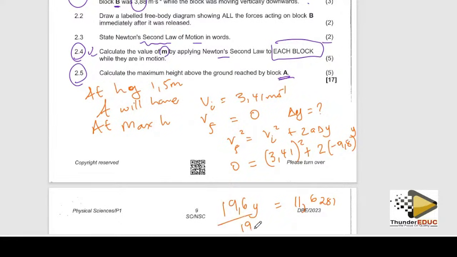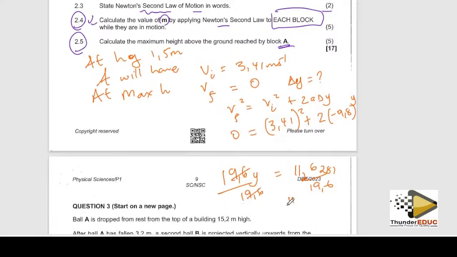Then I can divide both sides by 19.6. When I do that, my y is going to be 11.6281 divided by 19.6. That's giving me 0.59.